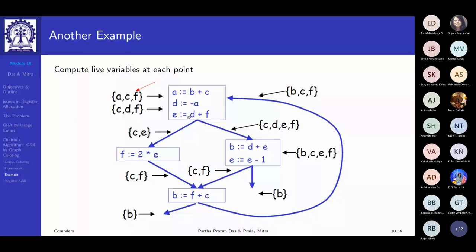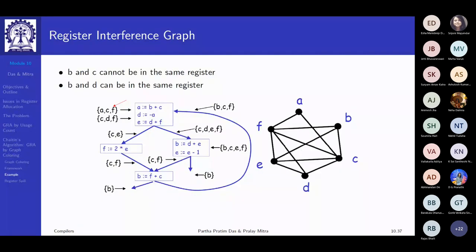So using this CFG now, we can compute the interference graph. Now, there are 6 variables. So there are 6 nodes, A, B, C, D, E, F. You can see that in no set do A and B occur together.